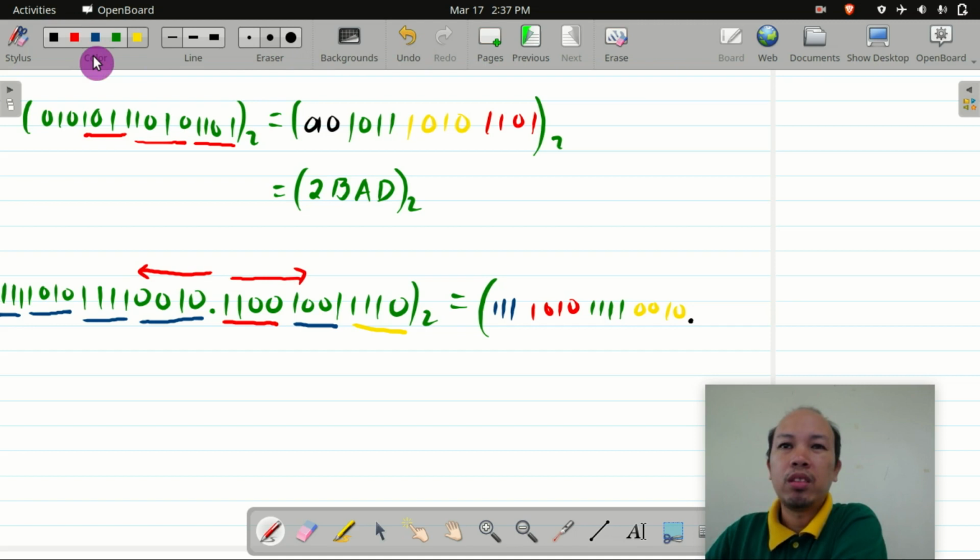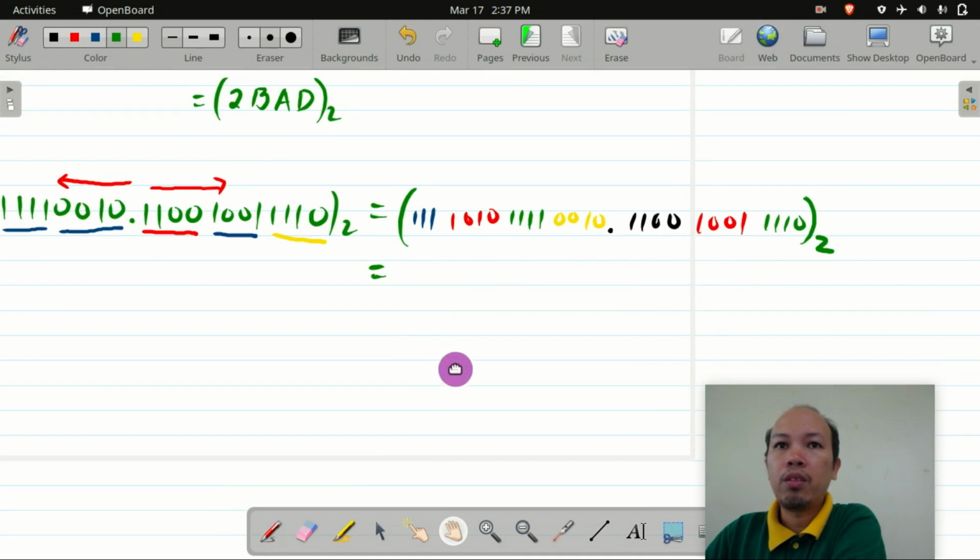Anyway, we can try this method. We have 1, 1, 0, 0, and then 1, 0, 0, 1, and then finally we have 1, 1, 1, 0 in base 2.